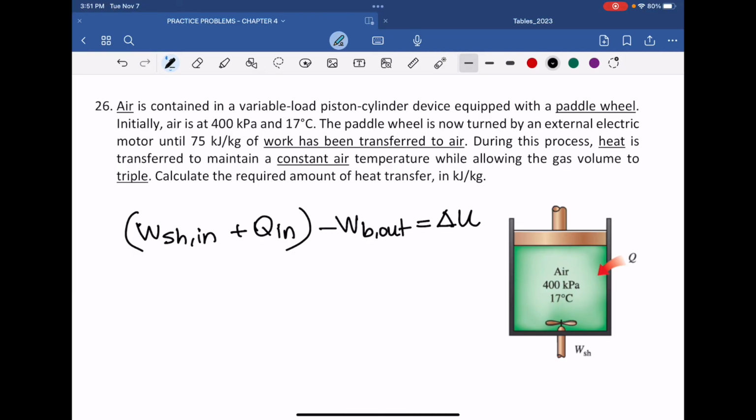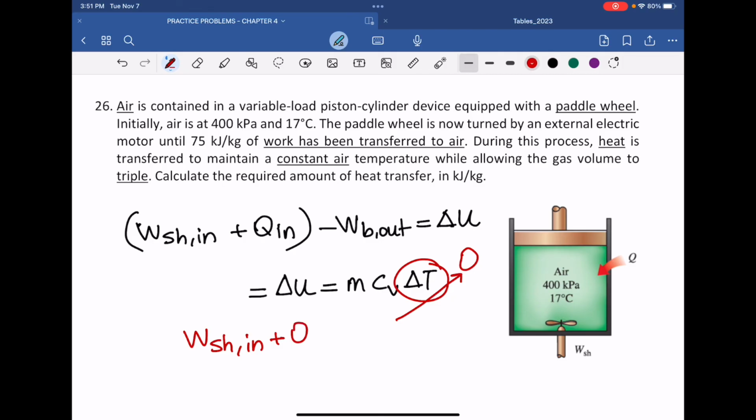If there is no temperature change for an ideal gas, that means its internal energy is not changing, because delta U for an ideal gas is m C_V delta T, but this is 0 in this situation. That means there is no internal energy change. Whatever energy we put in is pushing the piston. That's it, and the internal energy is not changing.